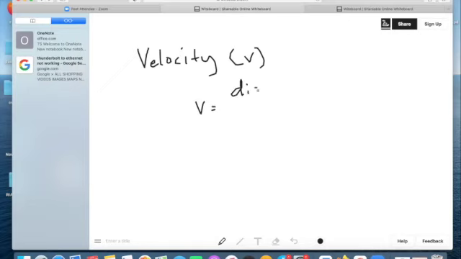Your velocity is the distance traveled divided by time traveled. Technically, this would be your speed, distance over time. So your velocity would be your change in distance over the change in time.